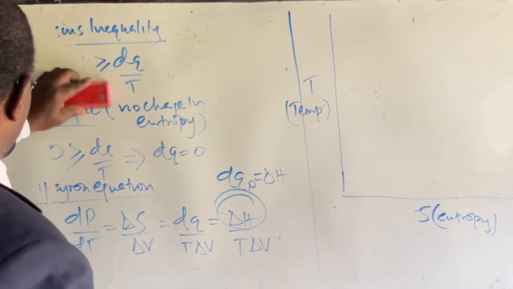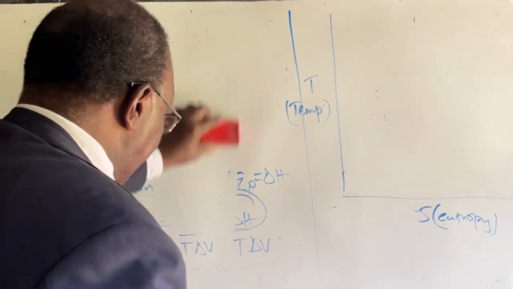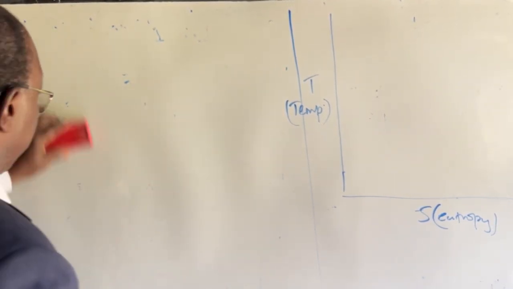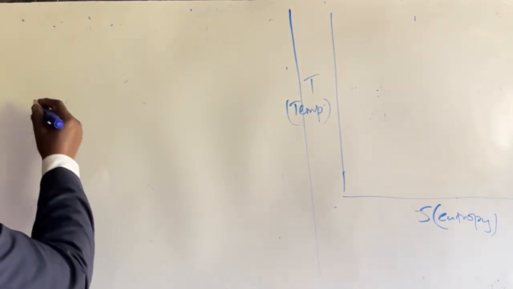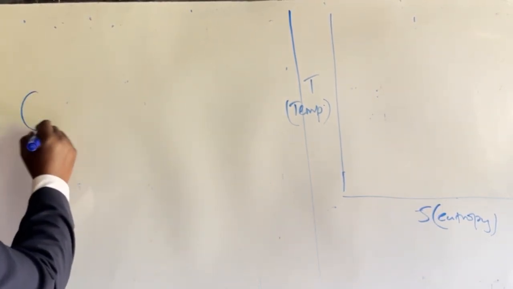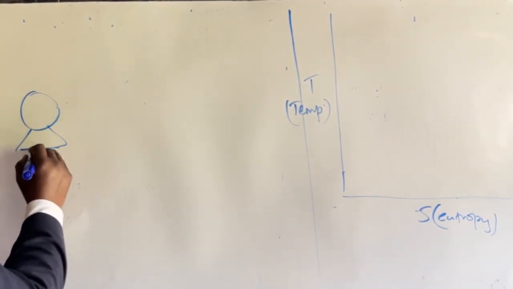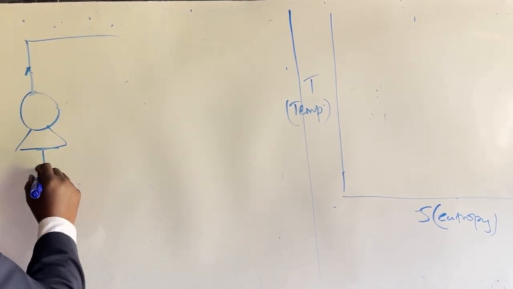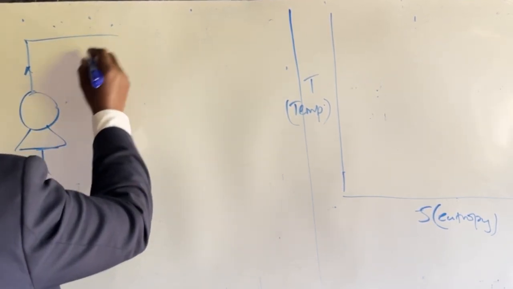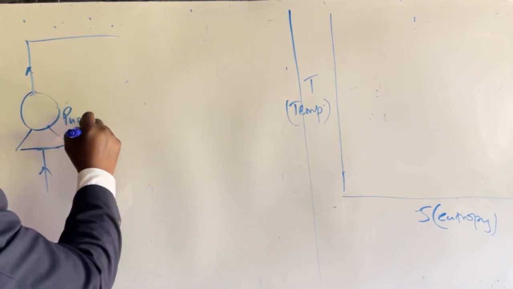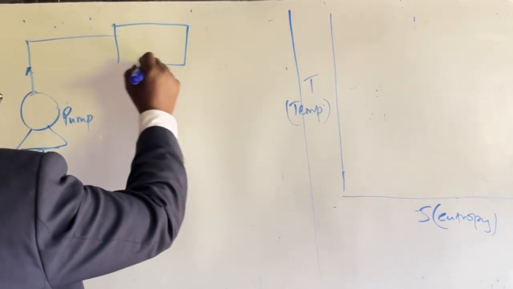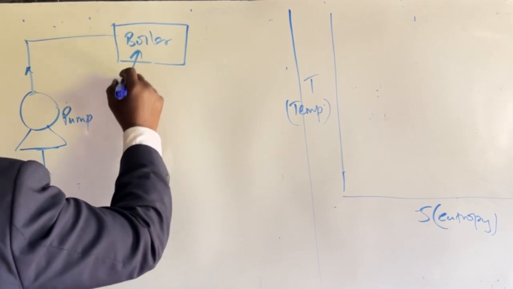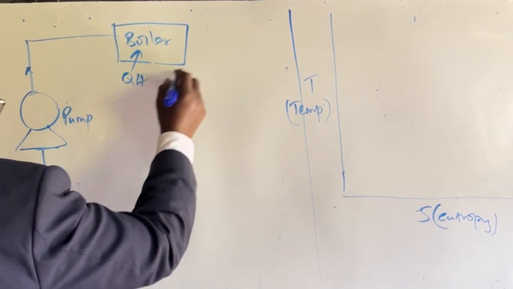Now, in the Rankine system, like I've said, there is a pump. So let's do the schematic. We have a pump, and this pump pumps water from low pressure to high pressure. It's a pump to the boiler. Our boiler: heat is applied to the boiler.